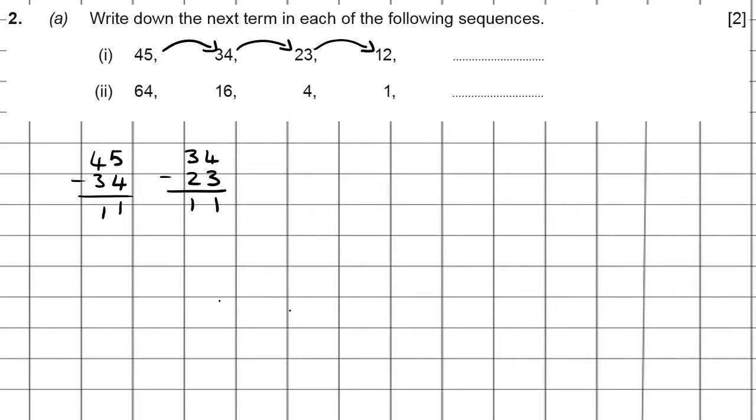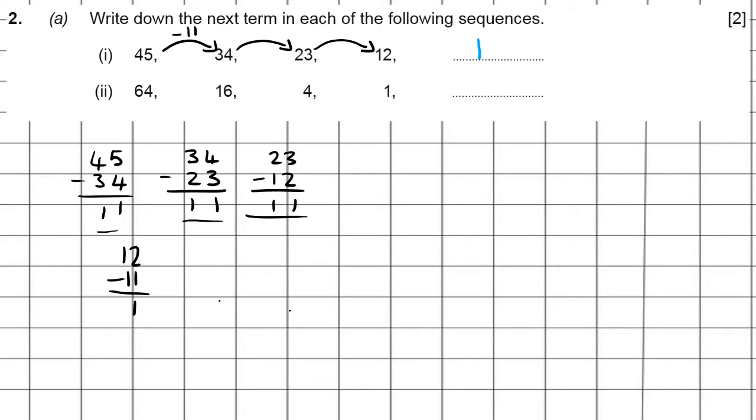It's 11 again. 23 take away 12, it's 11 again. Because we have 11 in each, we have to take away 11 to get the next number. So 12 take away 11 gives us 1. So the next one in the first sequence is 1.